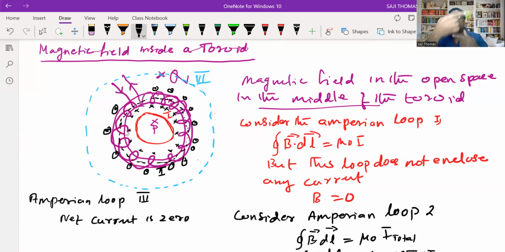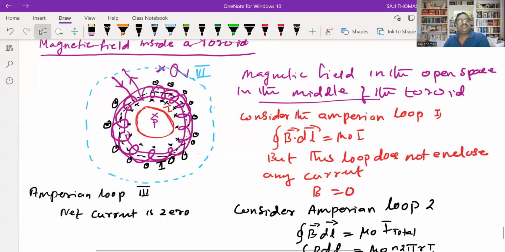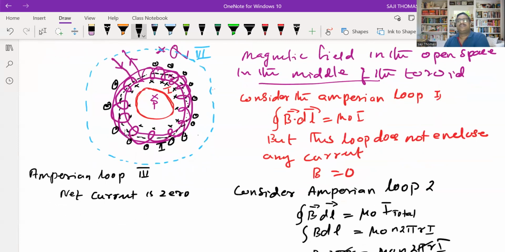For each circular turn, through the top part current comes out of the plane of the paper in the diagram, and through the lower part of each turn, the same current moves into the plane of the paper. So these currents are opposite and equal in magnitude. So net current is 0, so the magnetic field is 0. So the magnetic field in the outside region is also 0.